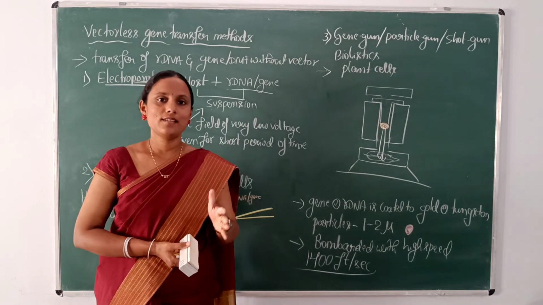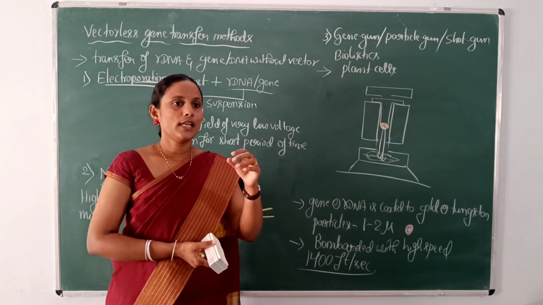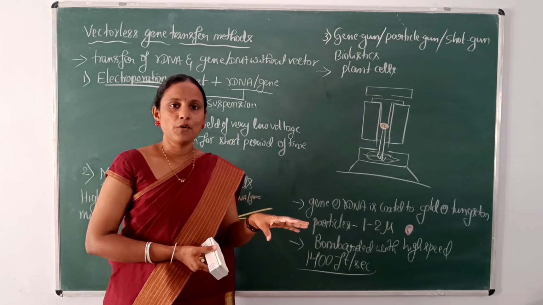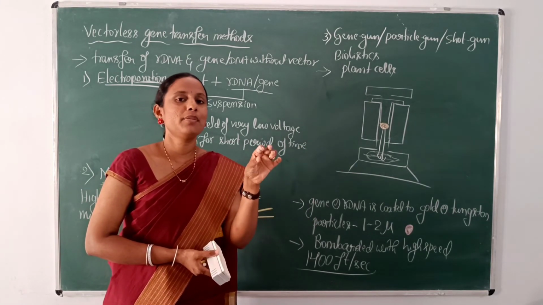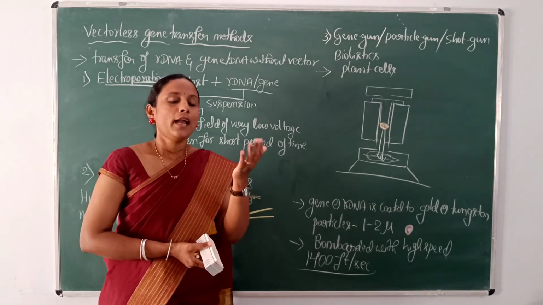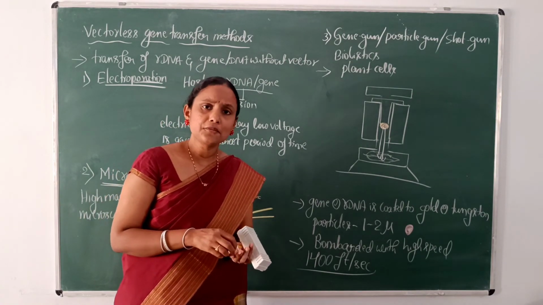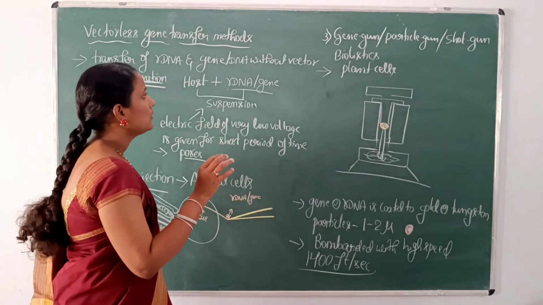And also retroviruses. Retroviruses have the capacity to cause cancer, but that cancer-causing capacity is removed. That means they become disarmed, so they will not harm the host, and they can be used for transferring genes to any host. So that is the fourth one.